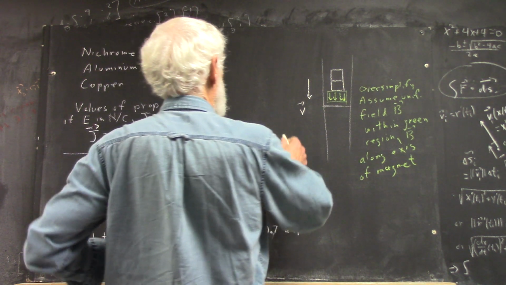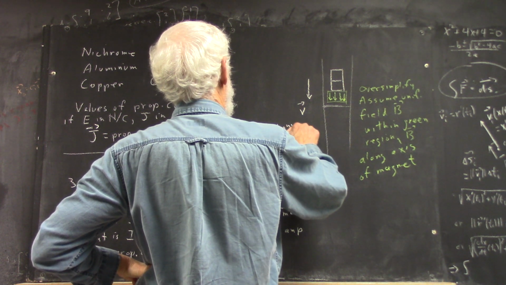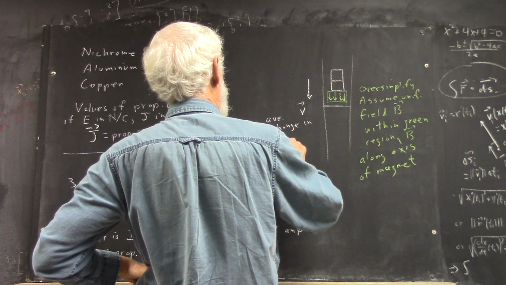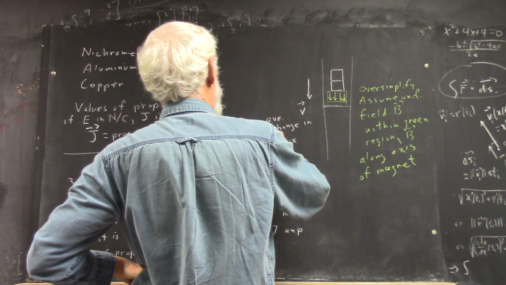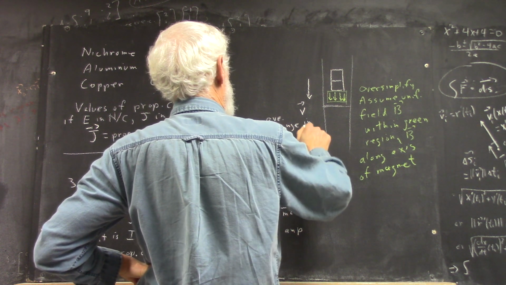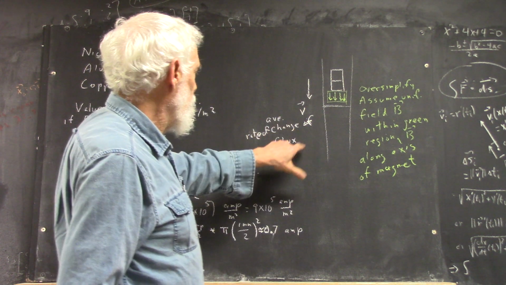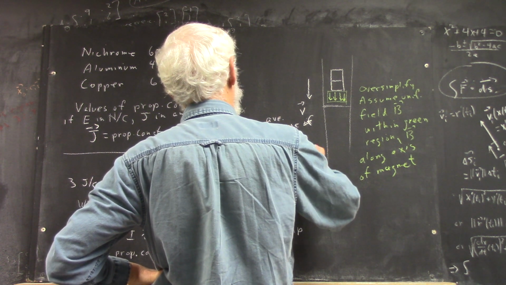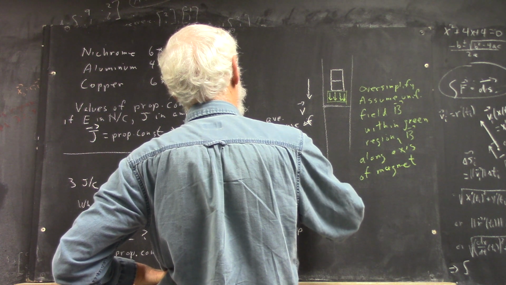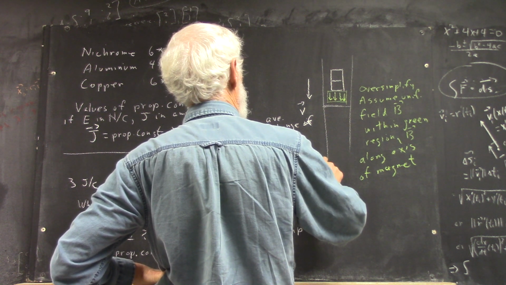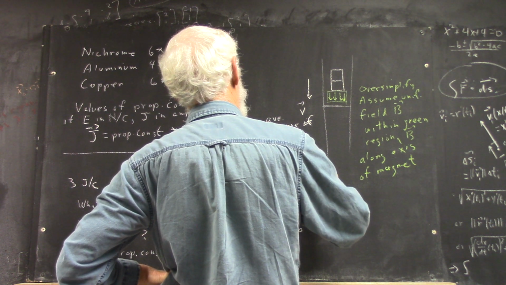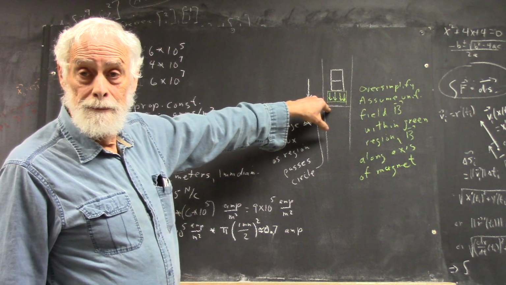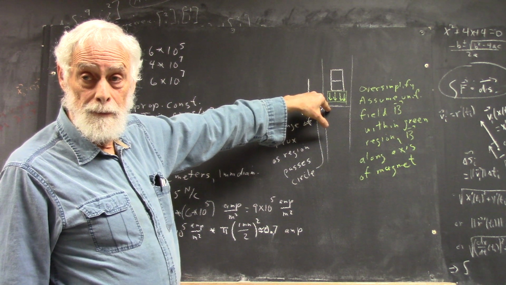Okay, so what's the average rate of change of the flux as a region passes this circle? Okay? Does that circle have a height?